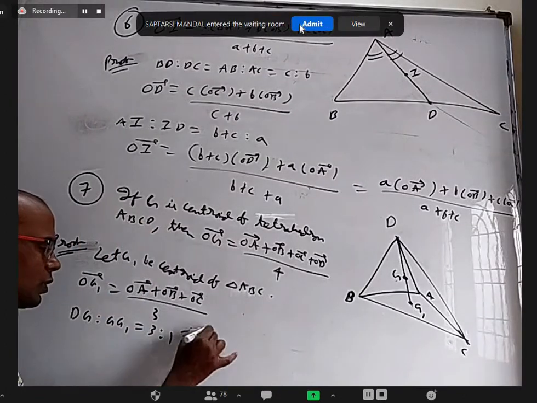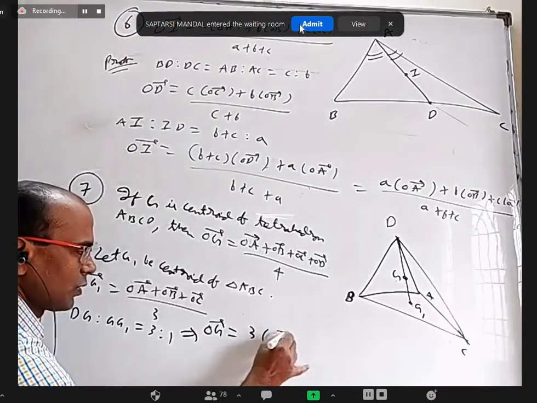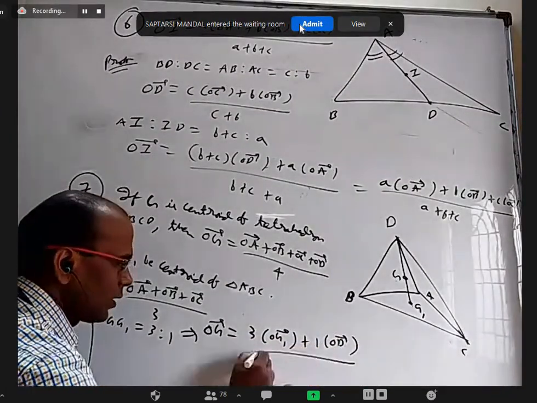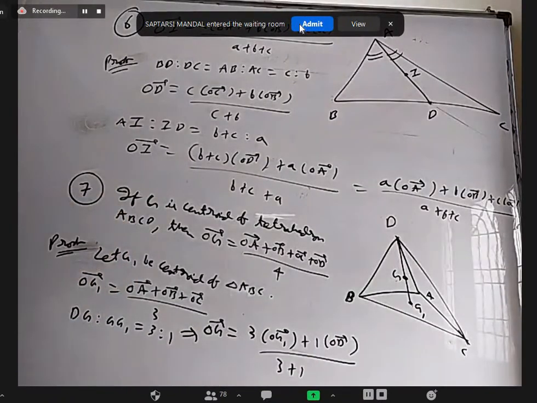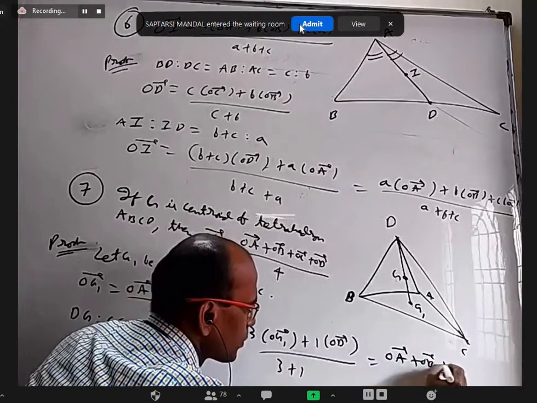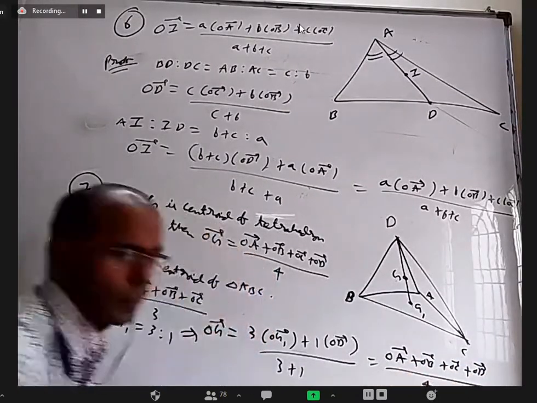So based on this, OG bar is 3 times OG1 bar plus 1 into OD bar by 3 plus 1, which is exactly OA plus OB plus OC plus OD by 4.